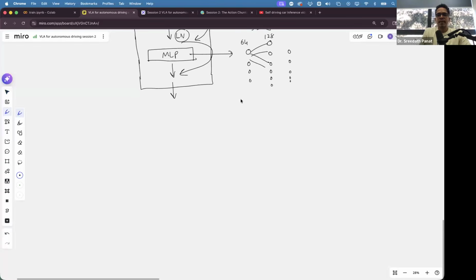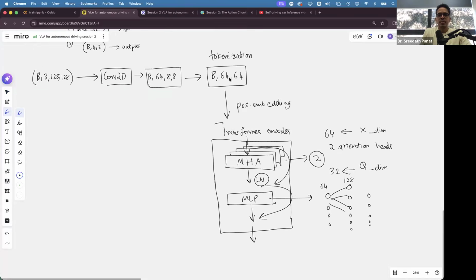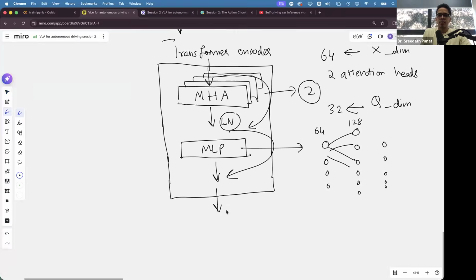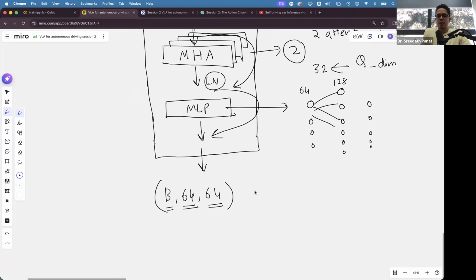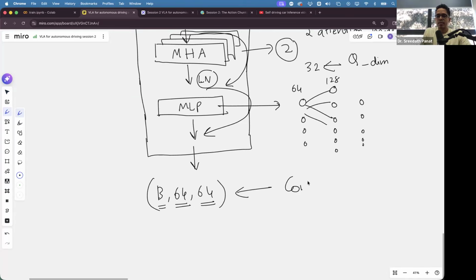By the time the 64 tokens reach here, you will have B, 64, 64: 64 tokens of 64 dimensions, and batch size B. These will not be just tokens anymore. These will be context vectors.